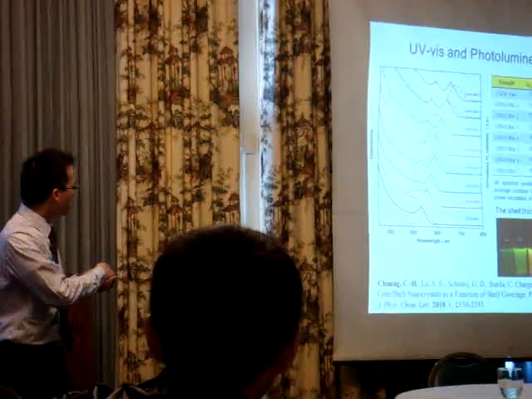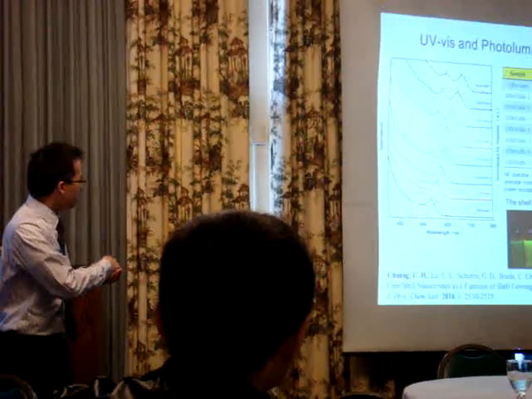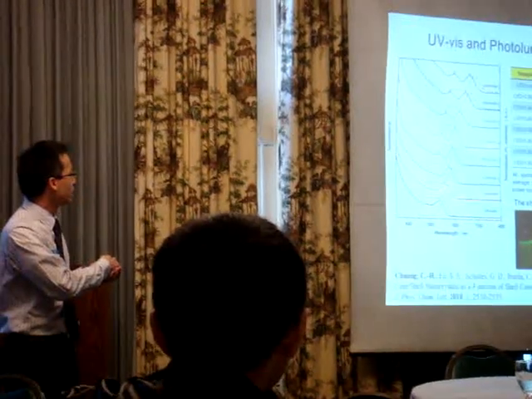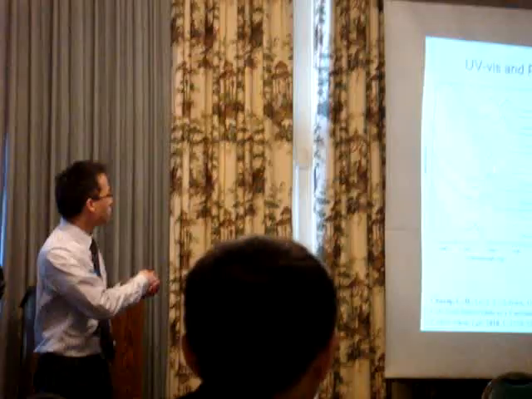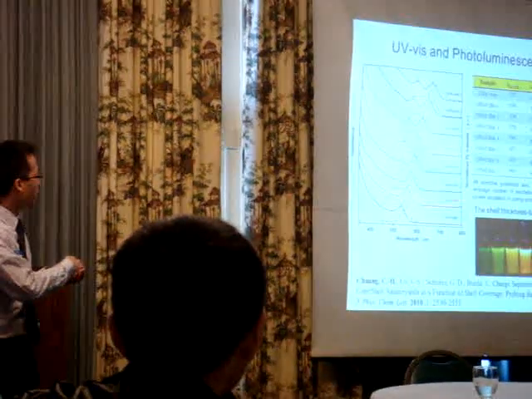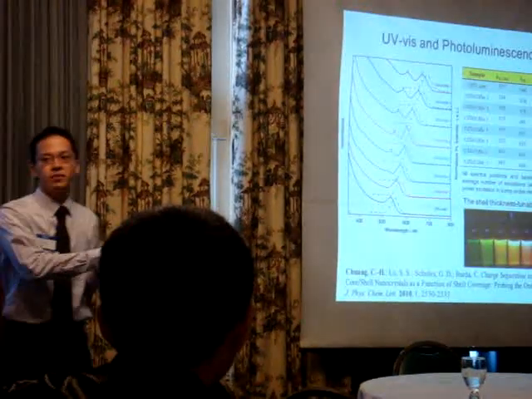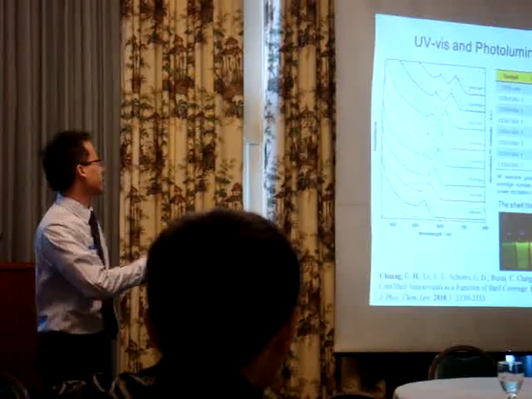Here I want to point out several things. The first one is just the cadmium telluride core. As I deposit the cadmium selenide shell, you can see the absorption red shifts, as well as the emission spectra. The red shift is due to the reduction of the quantum confinement effect.